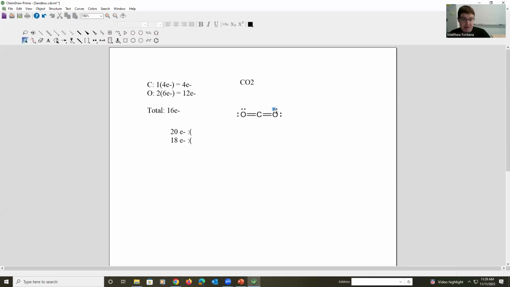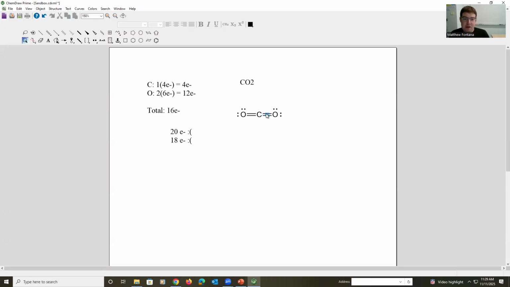Now we've got to go back because we messed things up. We've got to double check our number to see if it adds up to the 16. And so now we have to add it up. We see that we have two, four, and then six and eight from the double bond. And then we go from 10 to 12 with the second double bond.